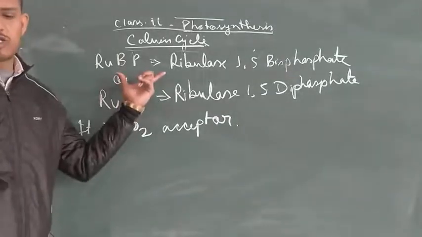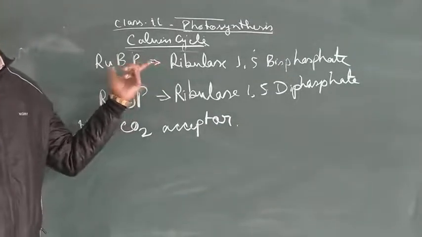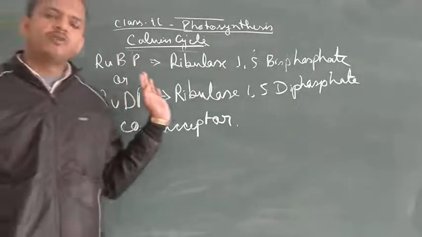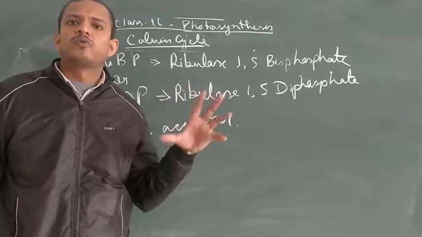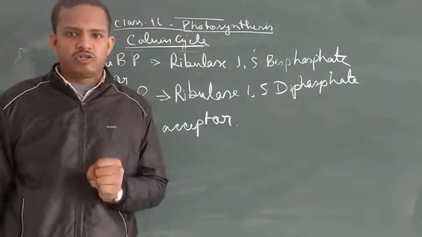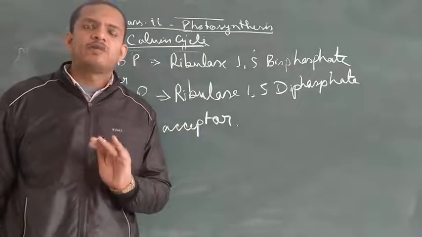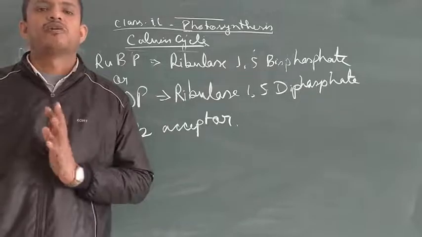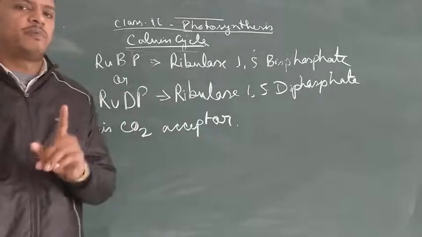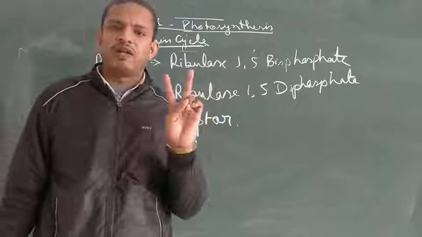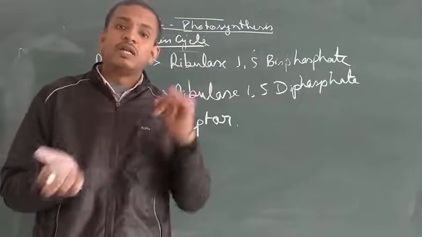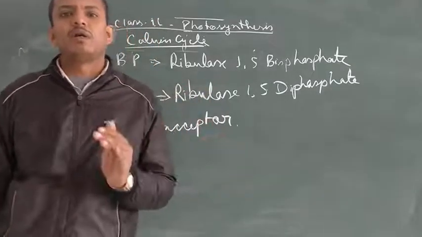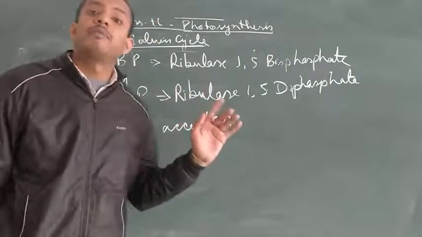So who is the carbon dioxide acceptor here? Ribulose. Now the second thing: once this RUBP accepts the carbon dioxide, what will be the first product? Remember, the Calvin cycle is divided into two types, C3 and C4. Depending on this, when RUBP accepts the carbon dioxide, what will be the first stable product?